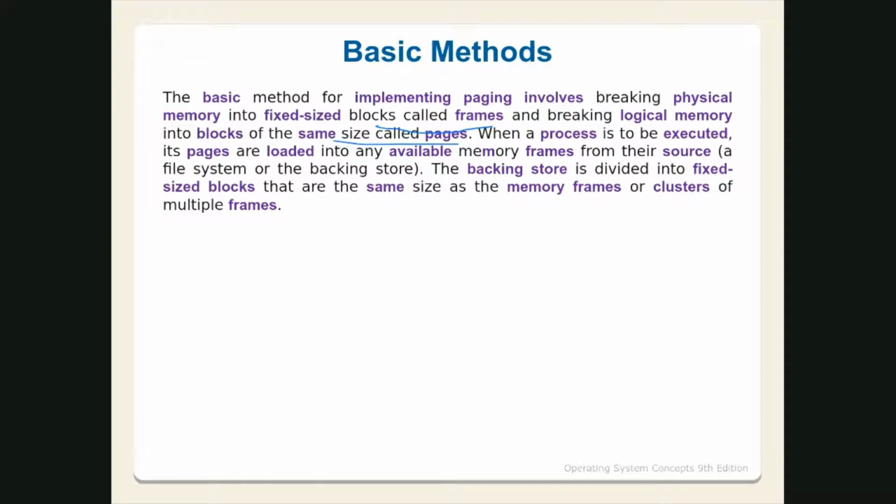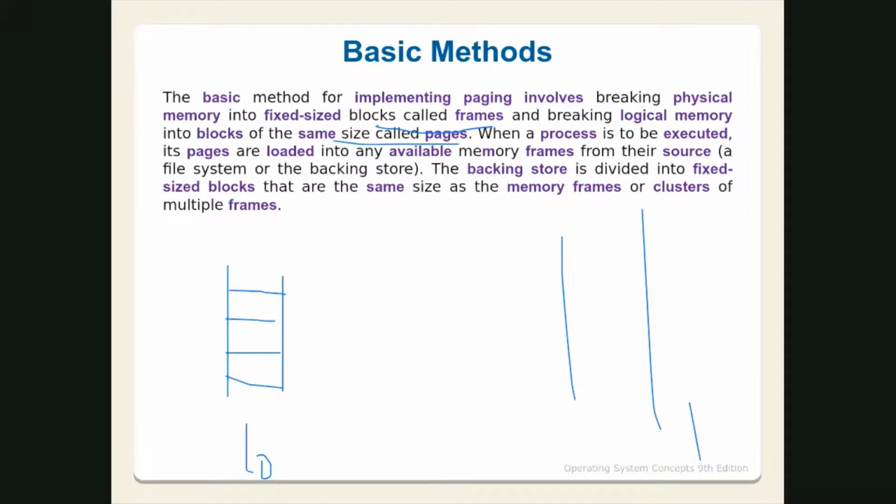To get my point, see, this is your logical memory. You divide it into certain blocks, remember, equal sized blocks. And this is your physical memory, let's say PH. You also divide it into the same size. So the size of these blocks is going to be the same, like 5 bytes, 5 bytes, 5 bytes, and here also 5 bytes, 5 bytes, 5 bytes.